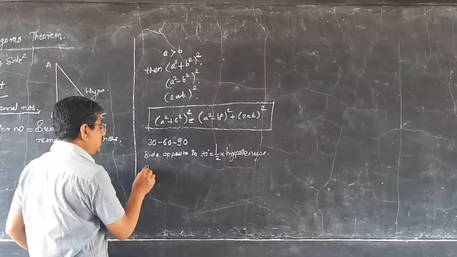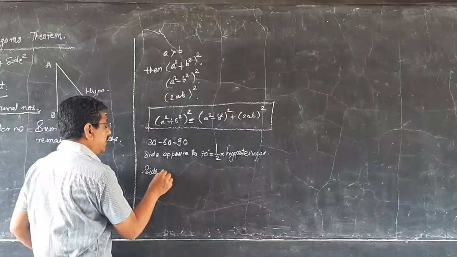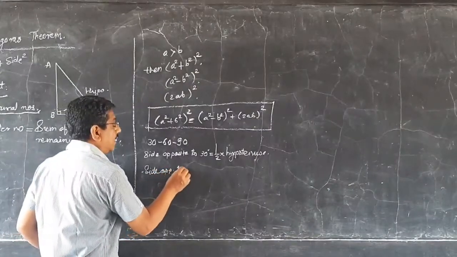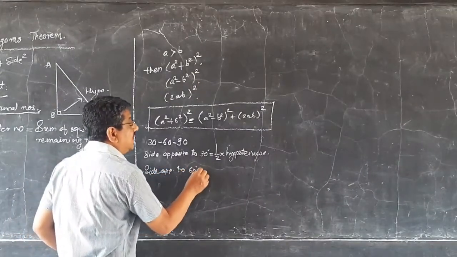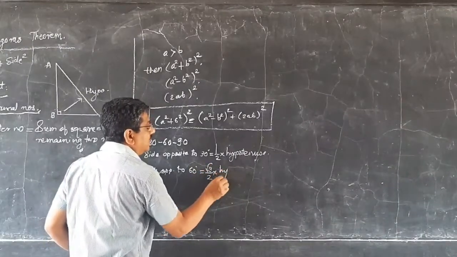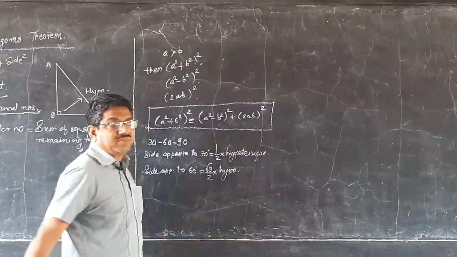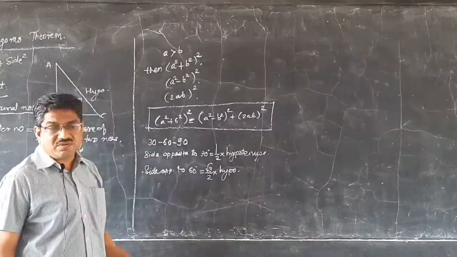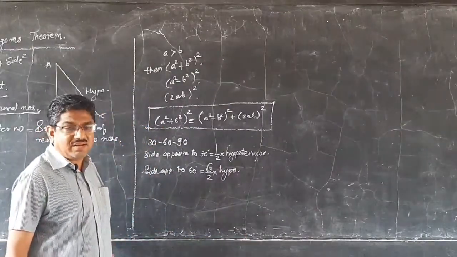And side opposite to 60 degree is equal to root 3 upon 2 into hypotenuse. These are the basic formulae that you have studied till 9th standard.